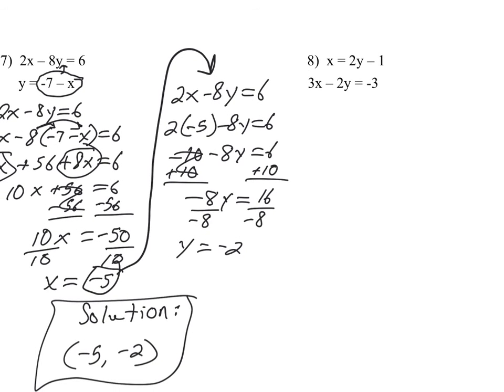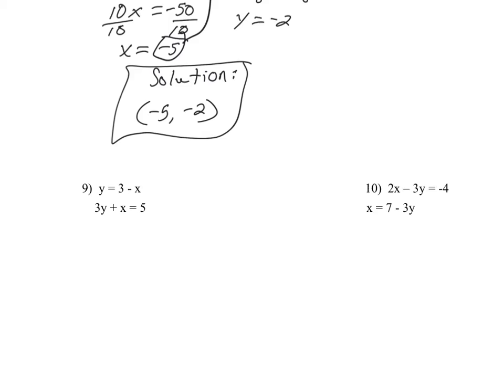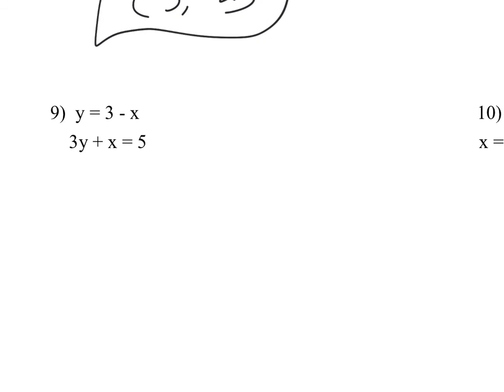Okay, if you need to, pause the video. You do number 8 on your own. And number 9, again, they have it set up so that we have y by itself, so it's 3 minus x. We substitute that in to the second equation for y.